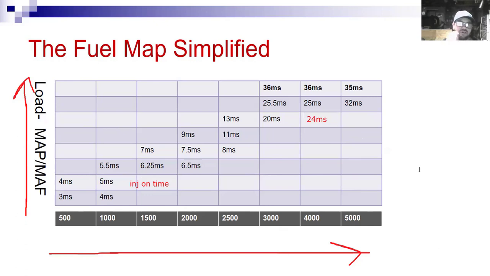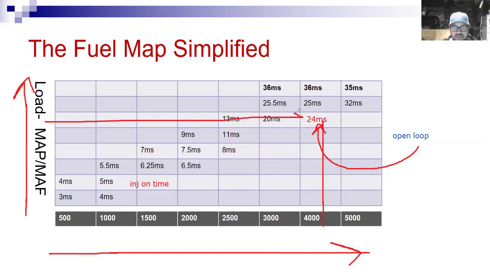And when you're in open loop, so I'll write that down. When I'm in open loop, if I'm the computer, I'm just going to do whatever it says to do in this chart. So if the chart has 24 milliseconds on there at this speed and this load, that's what I'm going to do with the fuel injectors. I'm going to open them up for 24 milliseconds.